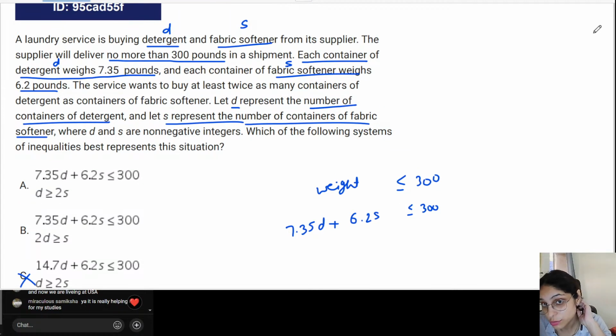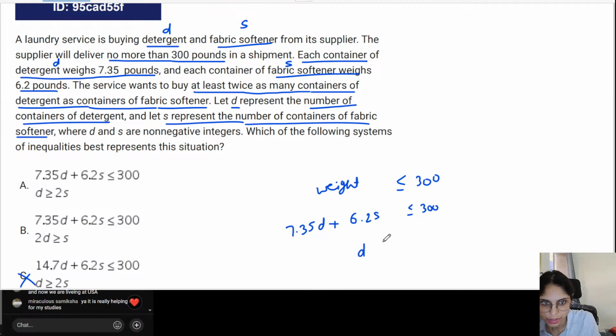The service wants to buy at least twice as many containers of detergent as containers of fabric softener. So what is the meaning of this sentence? They want to buy more detergent than fabric softener. Detergent has to be 2 times fabric softener, and at least means greater than or equal to.